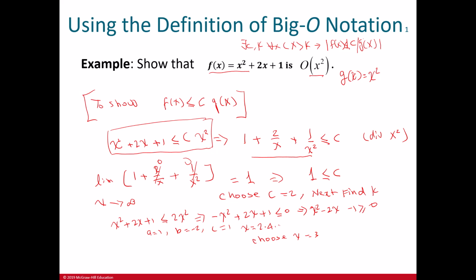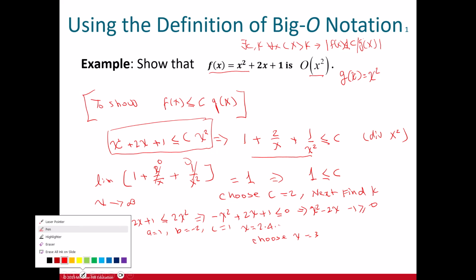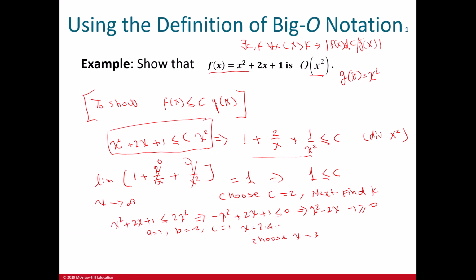My final answer then, in the equation, is c equal to 2 and k equal to 3. If you graph it, you can check that this is really the case. If you plug in values from after 3, you will see this inequality really holds.